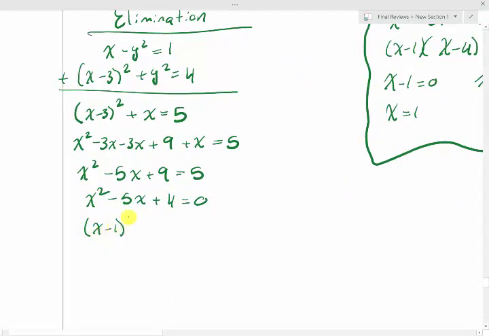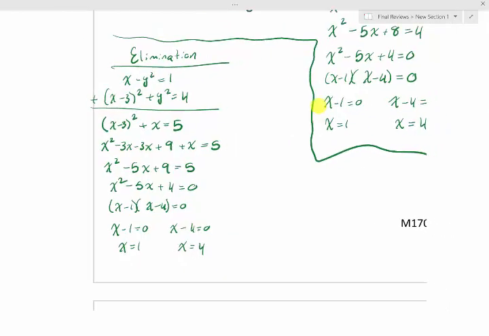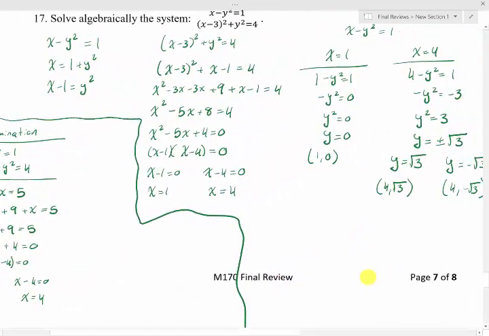So (x minus 1) times (x minus 4), which gives us x equals 1 and x equals 4. And we would do the same thing: pick one of our original equations, go back and plug in those x values to solve for our y's. And we'll get the exact same answers, which is really cool.